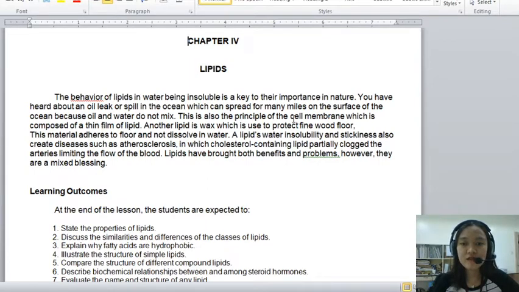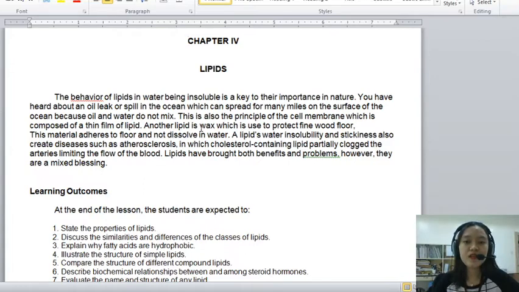Okay? So your cell membrane must be hydrophobic, or may part yung cell membrane ninyo that are hydrophobic to prevent the entrance of water. Okay? Para hindi mapuno ng water yung inside ng cell. So your cell membrane is also composed of a thin film of lipid.